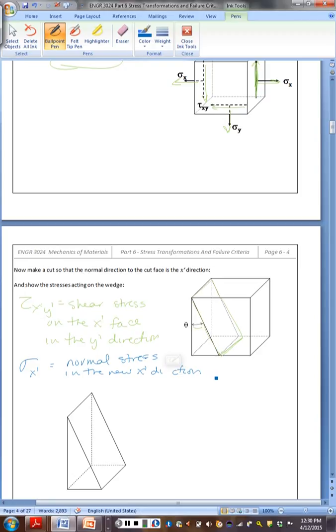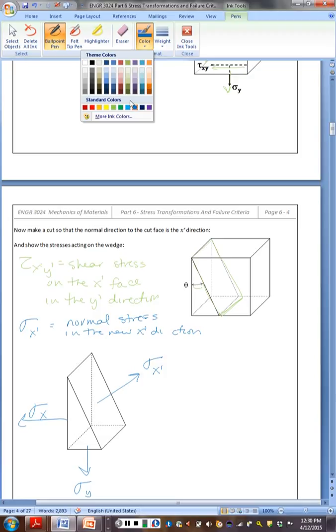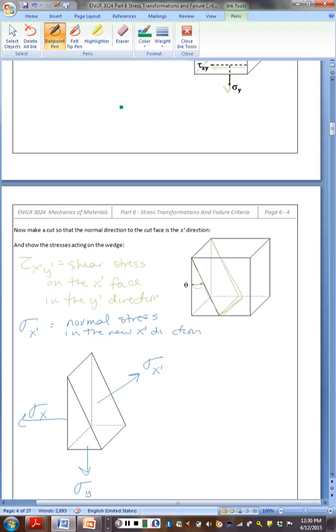So what does that look like? That looks like a sigma x prime here. We have our old sigma x here. We have our old sigma y here. We have our old shear stresses along the back face.